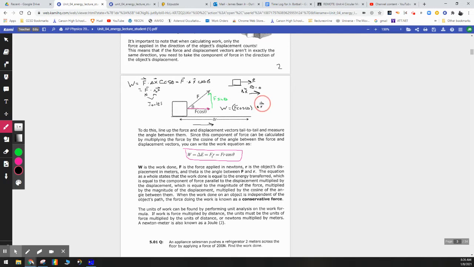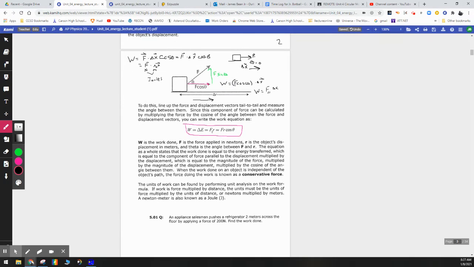You can see here they have r, but we'll use delta x. Sometimes this is rewritten as the force parallel times delta x. So when you see this, it means the cosine component. We want to make sure we get that squared away, and that's where this comes from.